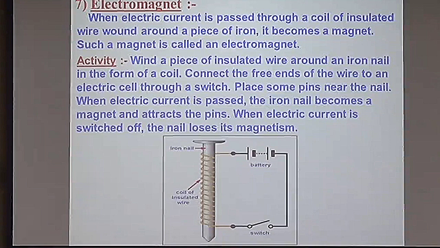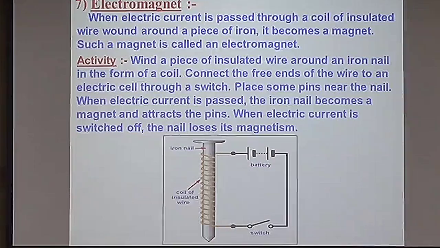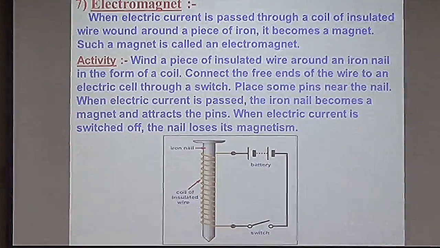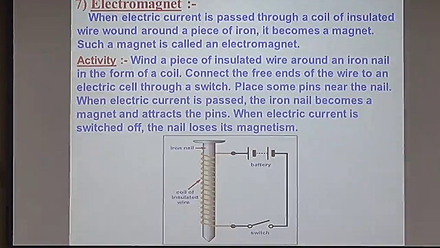We have done an activity. What is that activity? We take an iron nail and wind a copper wire around it. We connect it with a cell. The moment we switch on the cell and electric current passes through the wire, this iron nail starts attracting iron clips towards it. But whenever we switch off the cell, it does not attract the clips anymore.